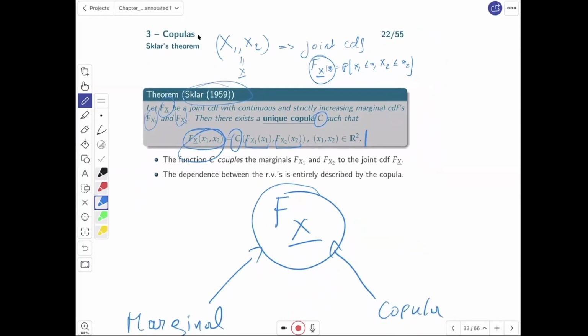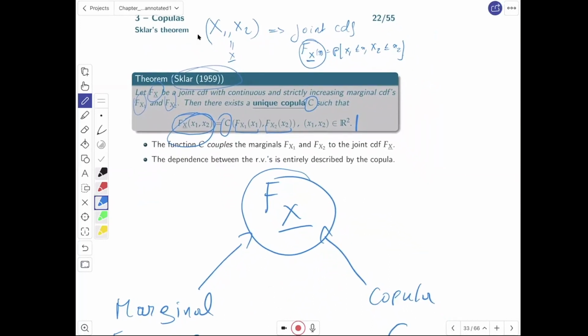Okay, the proof that you can write down this formula, so that you can decompose the joint CDF in a copula part and a part with the marginal CDFs, is relatively simple. So you should be able, I hope, to write down that proof.